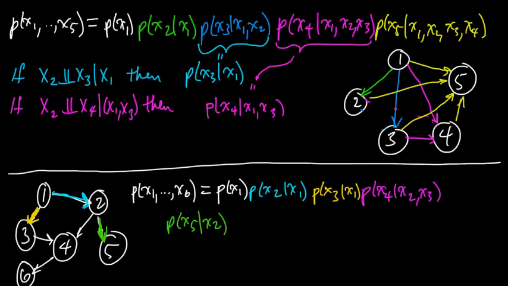And one more, let's make it red: the probability of x6 given x4. Oh wait, did I miss one? 3 goes to 4, I didn't color it. That's what I did. The colors aren't really a standard thing. I'm just doing them so you can associate the particular edges with a particular factor. And I could also color that 4 there to associate it with that.